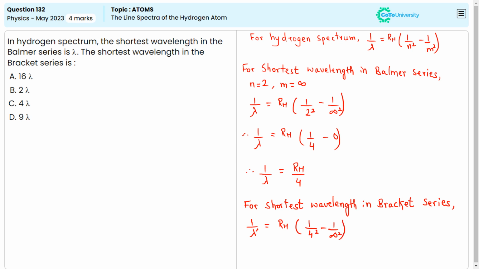Okay, so therefore 1 upon lambda dash will be equal to RH times (1 upon 16 minus 0).